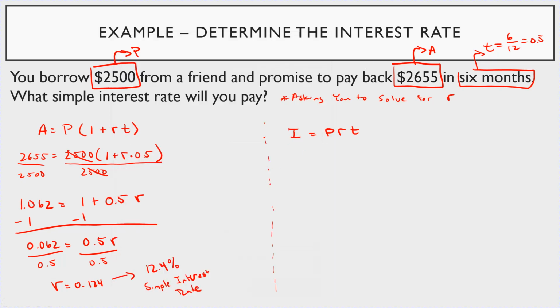So that interest is equal to your principal, 2,500, times your rate, which you're trying to figure out, times your time, which is 0.5. We'll take 2,500 times 0.5.